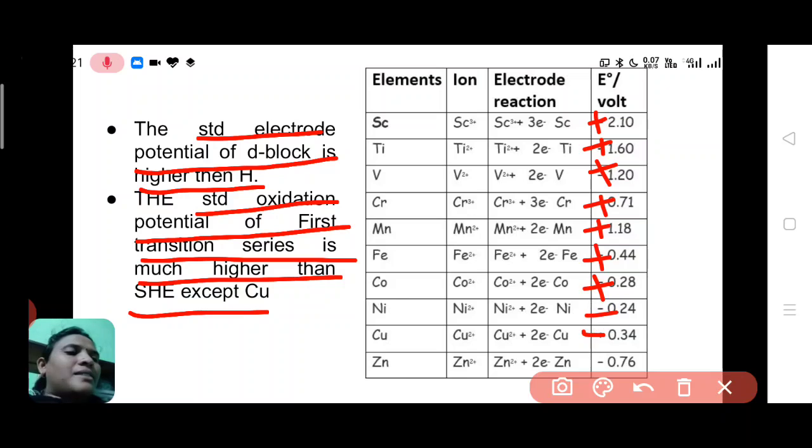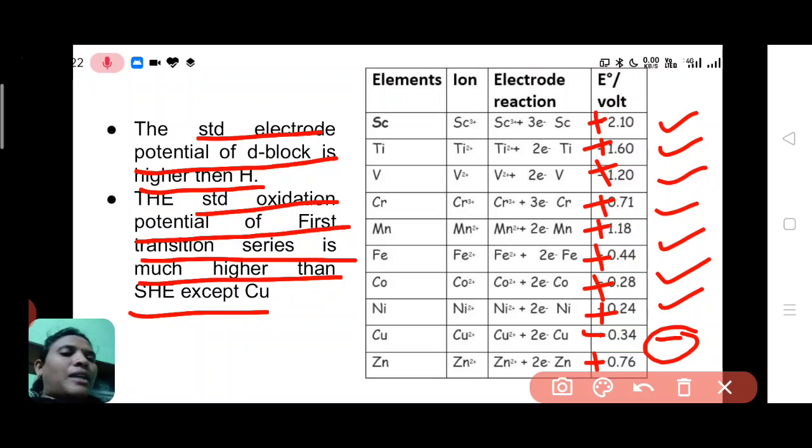In the graph, reduction potential is given, and we have to learn by considering oxidation potential. Copper has minus sign while all these terms have positive sign. All the oxidation potentials are positive, but copper has oxidation potential in negative sign.